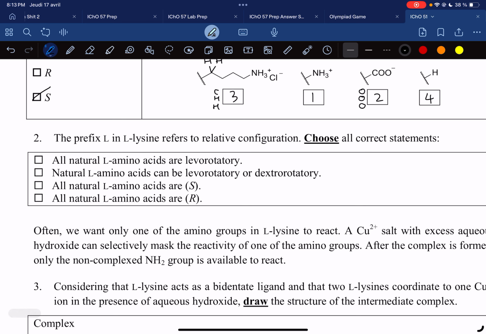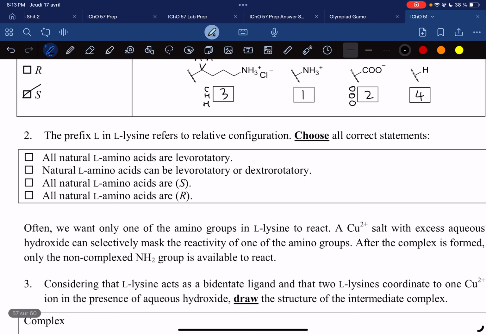The prefix L in L-lysine refers to a relative configuration. Choose all correct statements. All natural L amino acids are levorotatory. That's wrong. L and D descriptors in biological compounds do not mean the specific rotation of polarized light. It means that when you draw a Fischer projection, in this case of an amino acid, the amino group will be to the left.